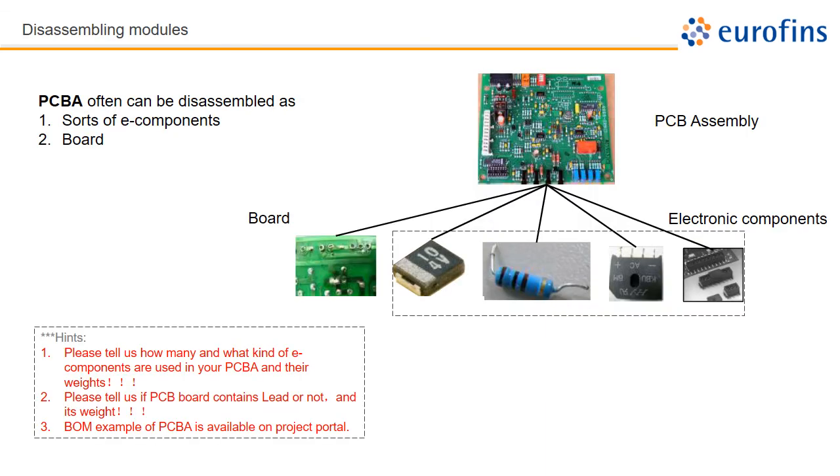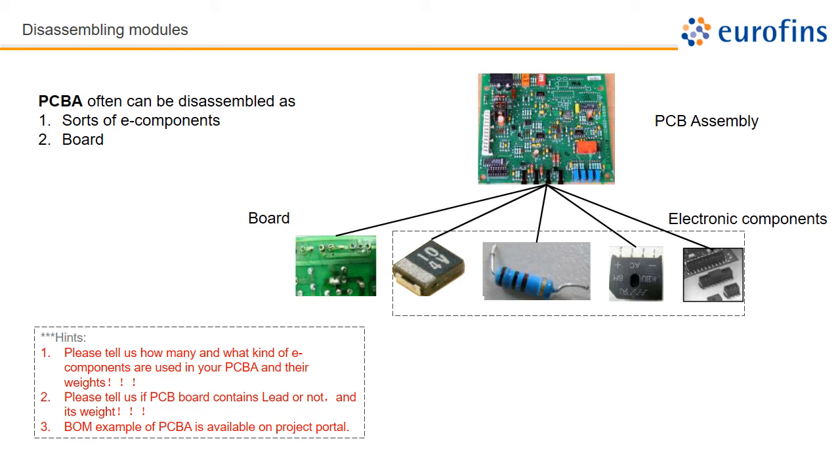Following are some examples of component assembly. The very first one is a PCB containing a PCB board and some E-components. For this kind of part, you need only tell us if the PCB board contains lead or not, and its weight, and how many and what kind of E-components there are and their weights.